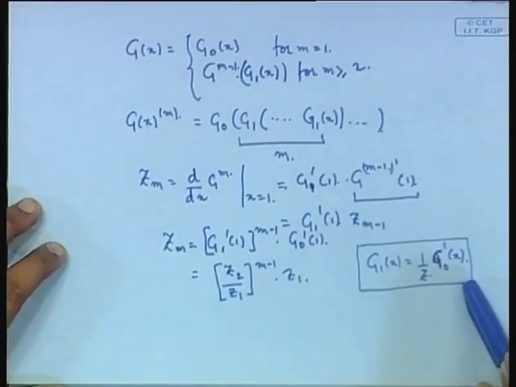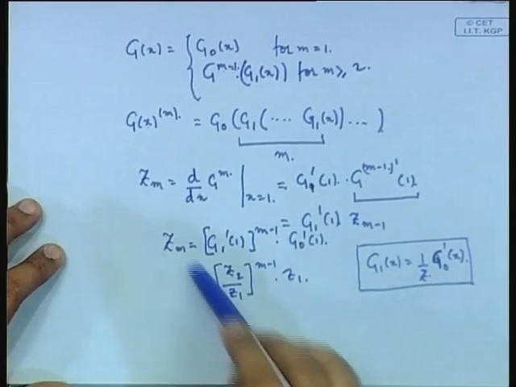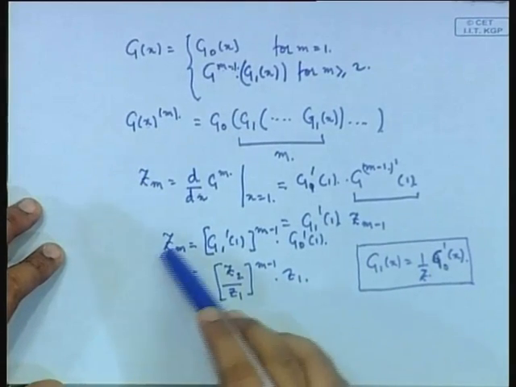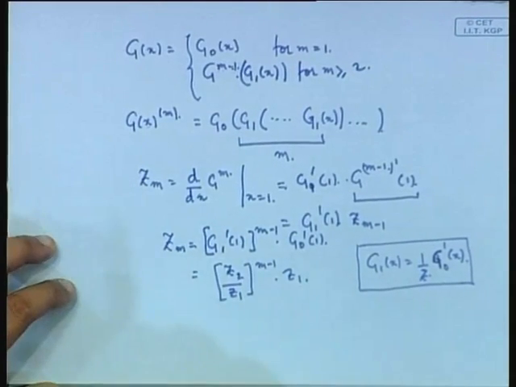So it is kpk. kpk comes from differentiation of G0 x, and that is why you have G1 x. With this algebra, what you get is Zm equal to this one.